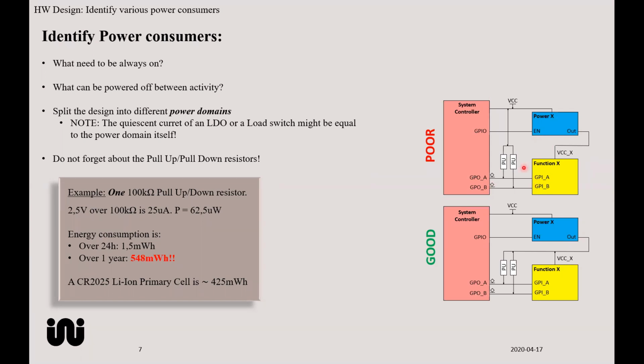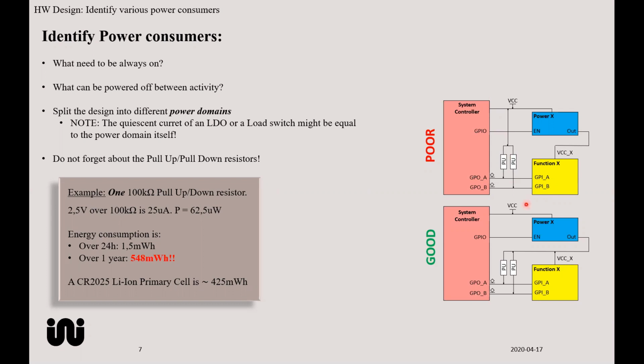If you have pull-up resistors connected to the system controller power domain and you power off function X, you will have leakage through the protection diodes in the GPIO pins on function X, so these pull-up resistors will actually drain in the range of 60 microwatts each continuously until function X is powered on again.